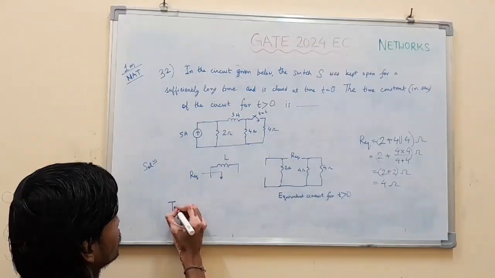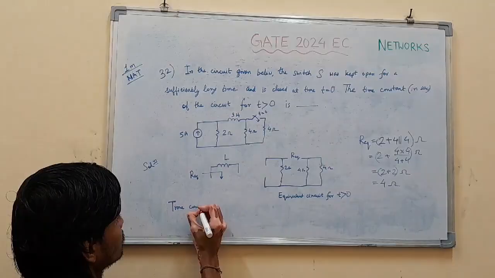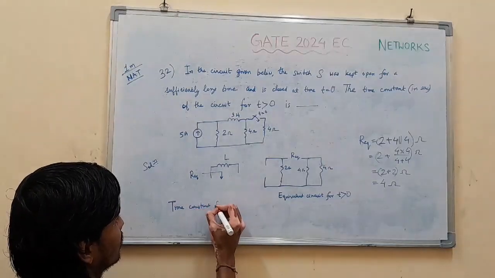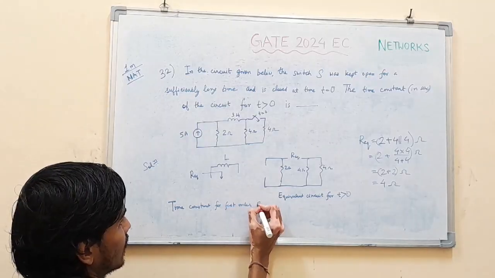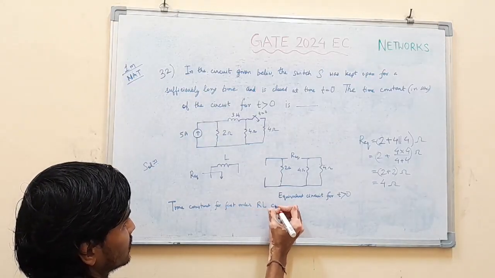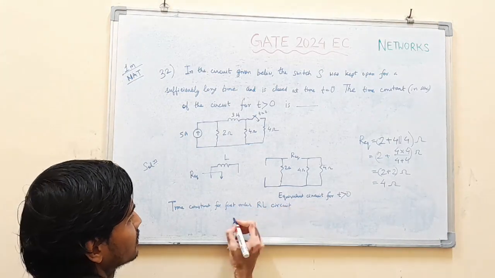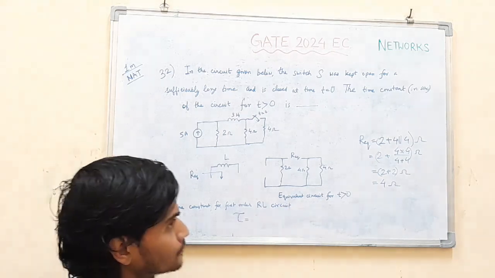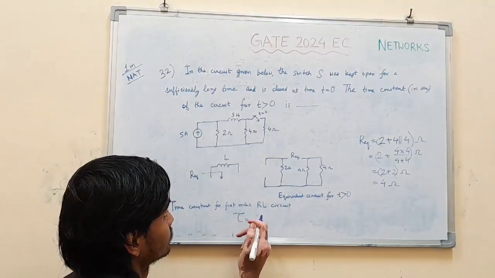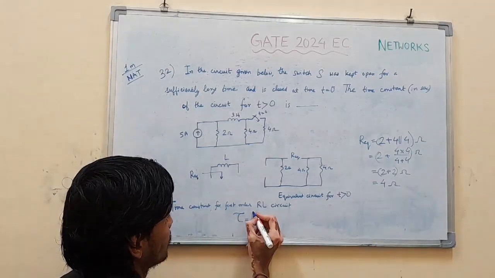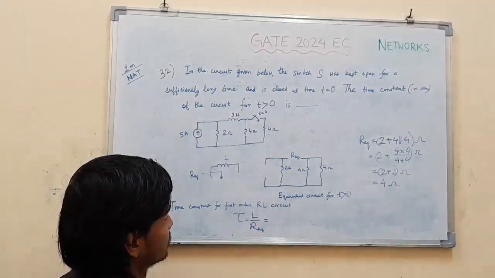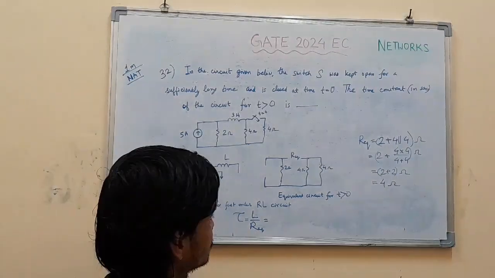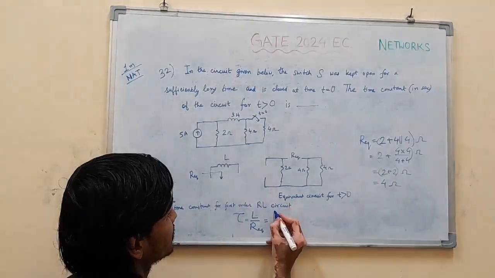Now time constant for first order RL circuits is given by tau equal to L by R equivalent. L is here 3 Henry.